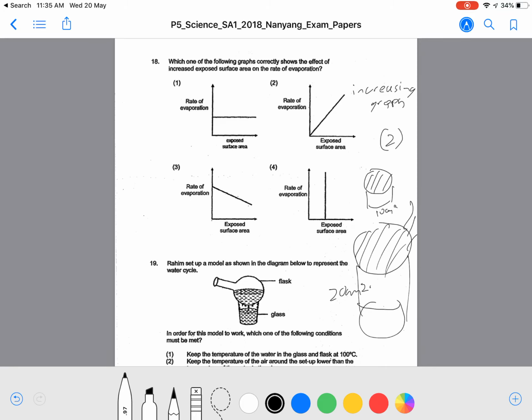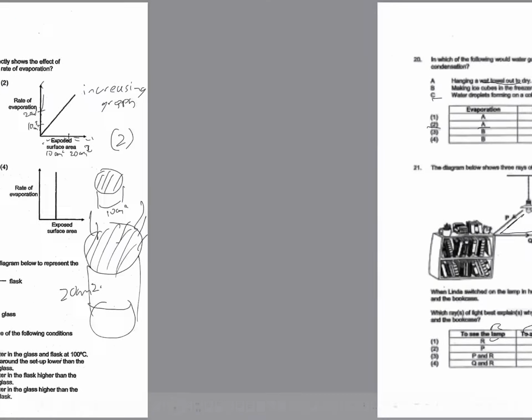If the surface area is 10, there will be 10 cm square evaporating. If it's 20 cm square, there will be 20 cm square evaporating. So the bigger the surface area, this is always an increasing number, and here is also always an increasing number. As the exposed surface area increases, the rate of evaporation also increases.